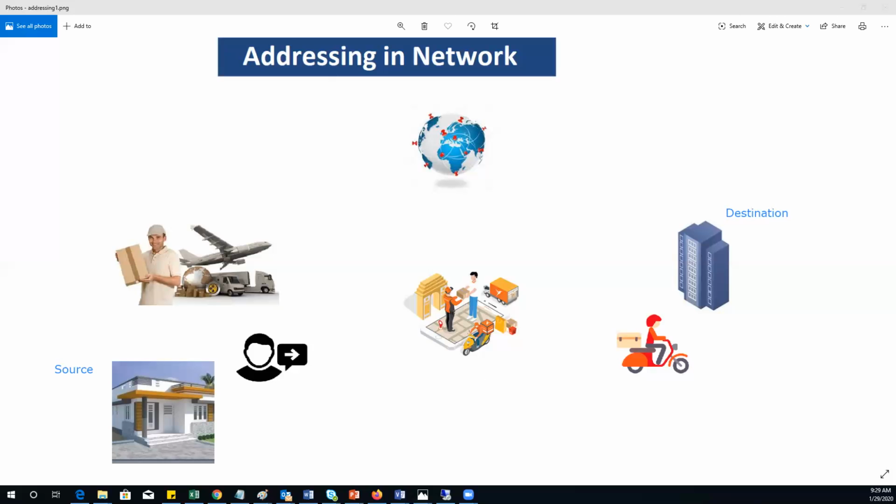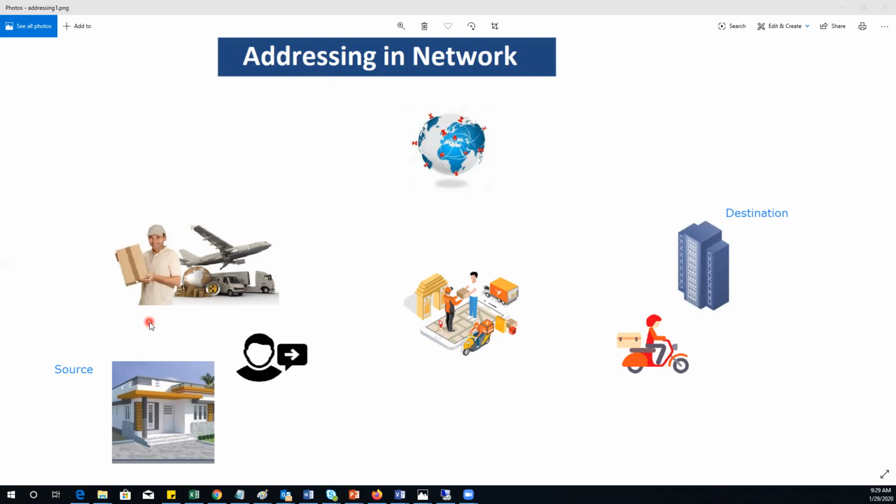Whenever the courier guy gets the parcel, he knows easily by reading the address from where the sender exists and to whom the sender wants to send this parcel. In the same process, they will send it to their head office in that exact city, and from that side they can distribute the parcels towards the destination.